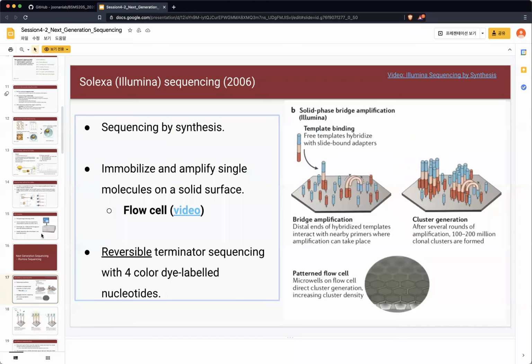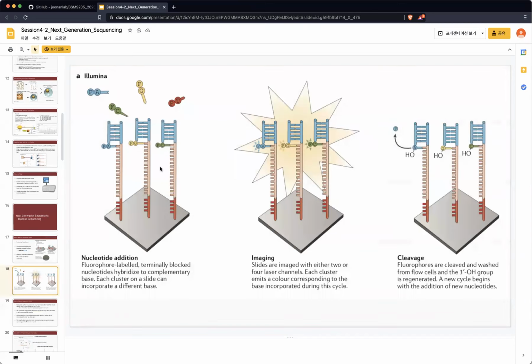Okay, so back to here. Illumina sequencing uses reversible terminator sequencing with four color dye-labeled nucleotides, right? We'll come back to this. Once you get the primers on here, and you get the primer position on here, you do the sequencing this way.